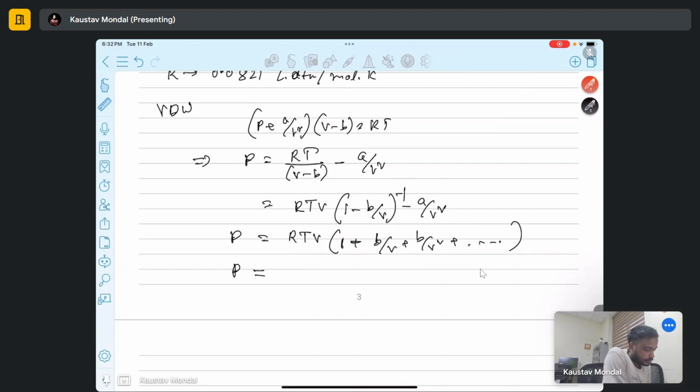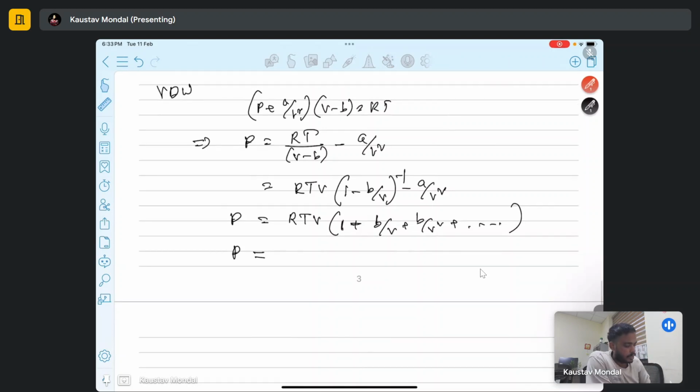Now you can write it like this: P equal to RT by V plus (B minus A by RT) into RT by V square, similarly B square by V cube, if you write it like this, after doing the expansion and all.